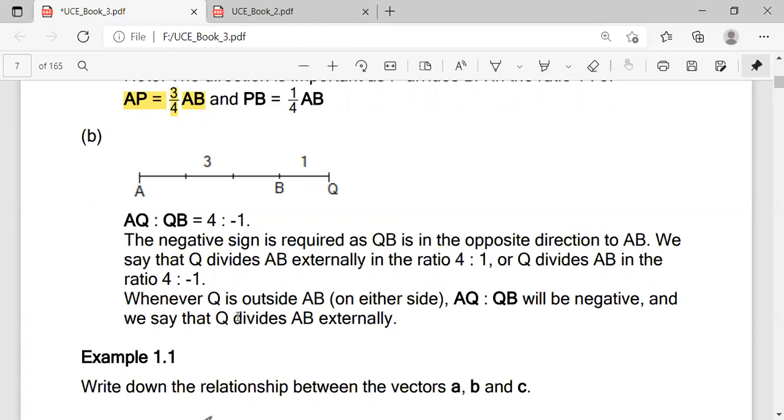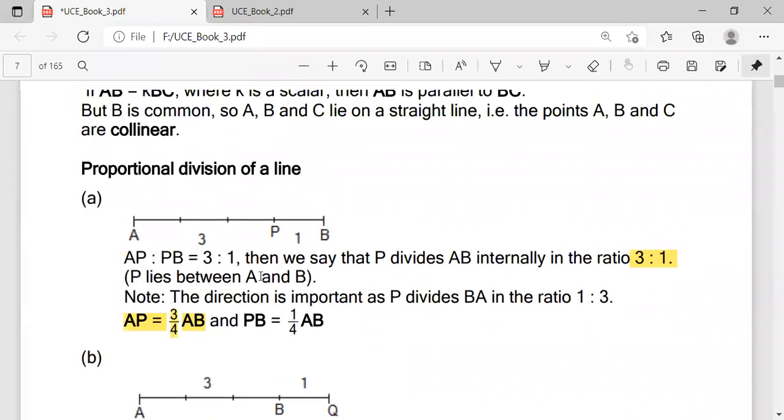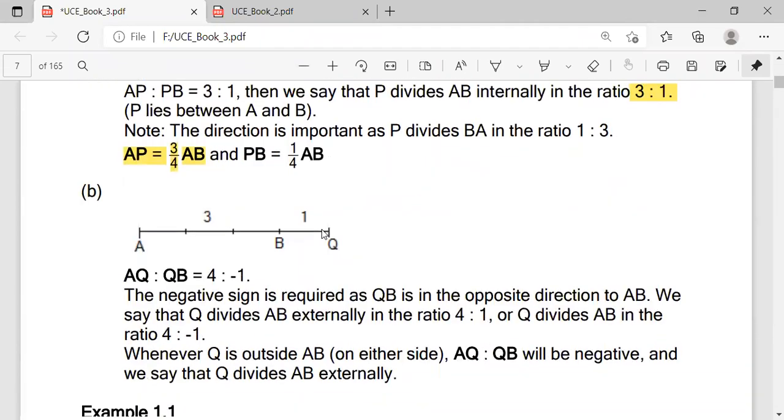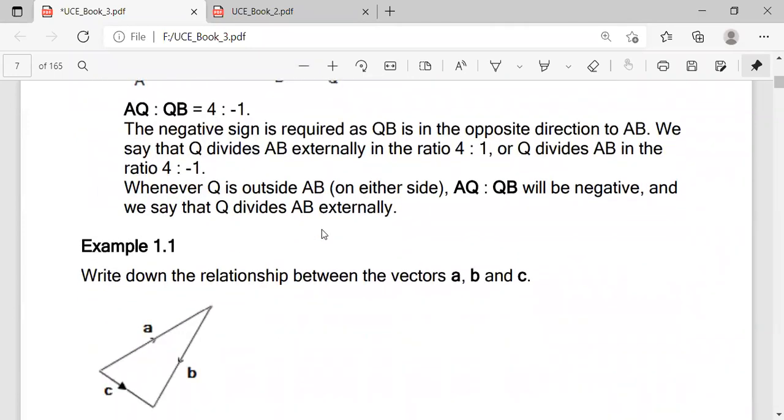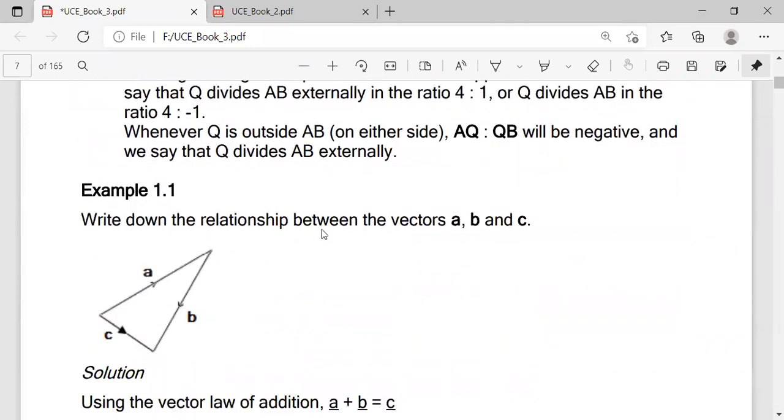And we say that Q divides AB externally. So in the previous one, we saw that P was inside, and we said that P divides AB internally because it was inside AB. Okay, have you understood something? Yes, teacher.